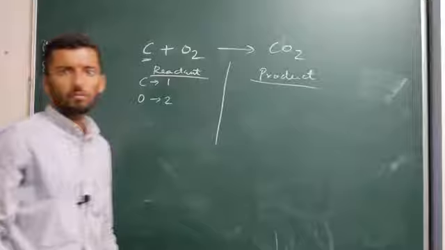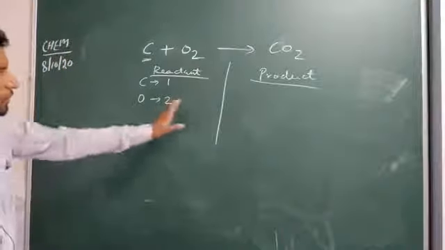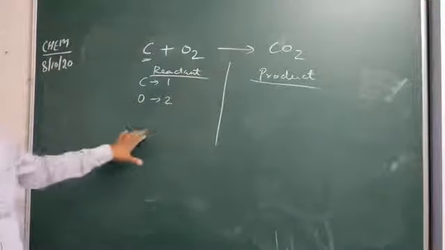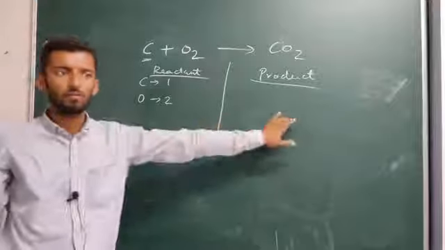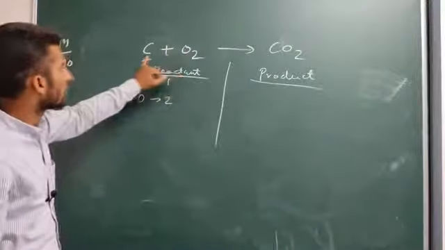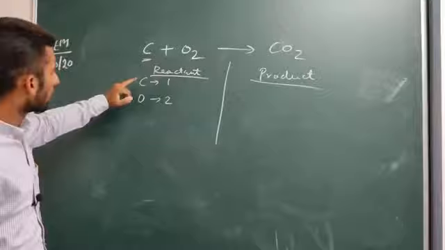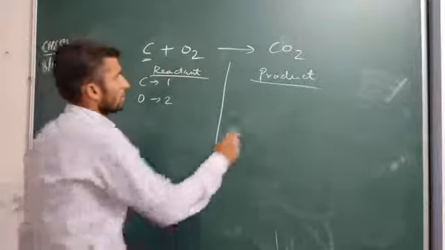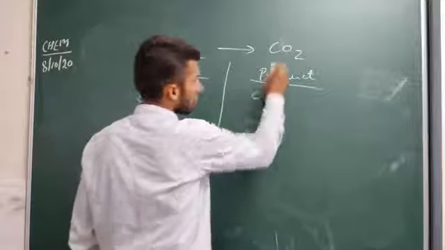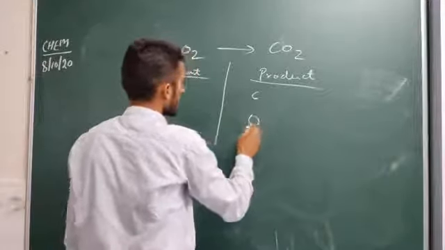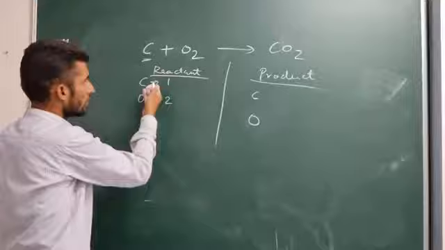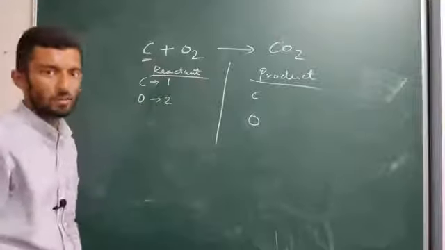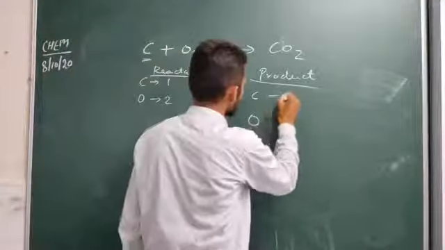In order to balance a chemical equation, you need to make two columns, one column for reactants, another column for products, then write down which atoms are involved. Only atoms I am saying. And here also you need to write the same atoms, because if reactants have these atoms, products will also have the same atoms, but their combination is different.